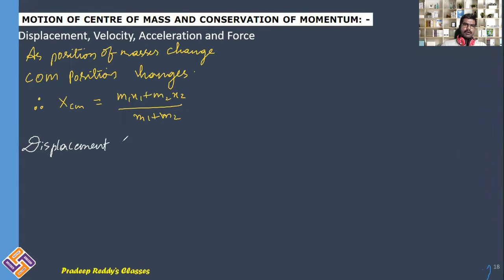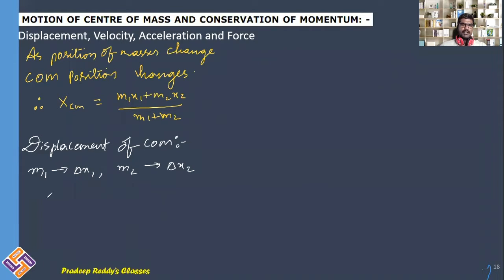Displacement of center of mass. Now, when we are dealing with displacement, let m1 have displacement delta x1 and m2 have displacement delta x2. If the positions of m1 and m2 change, then obviously the position of the center of mass also changes.